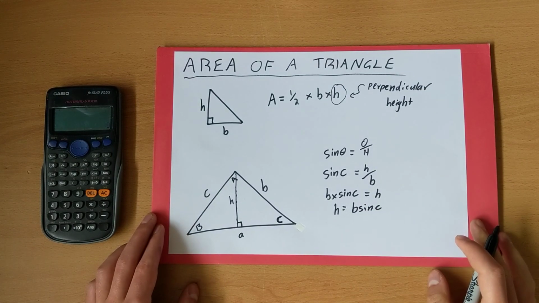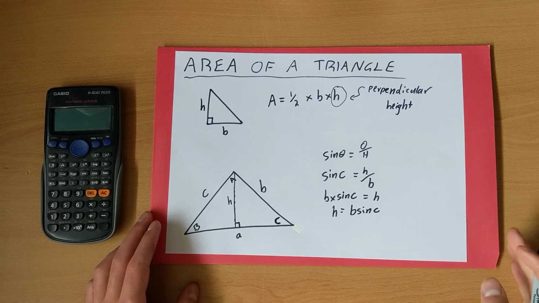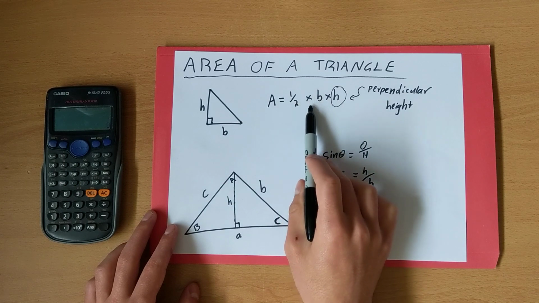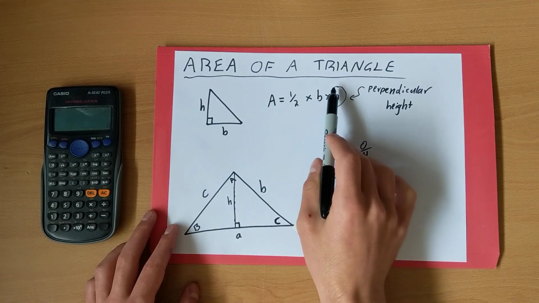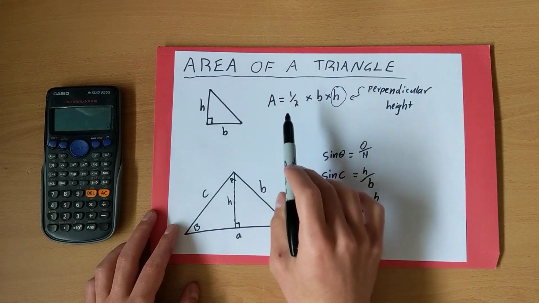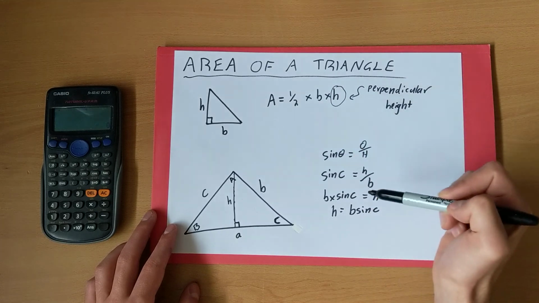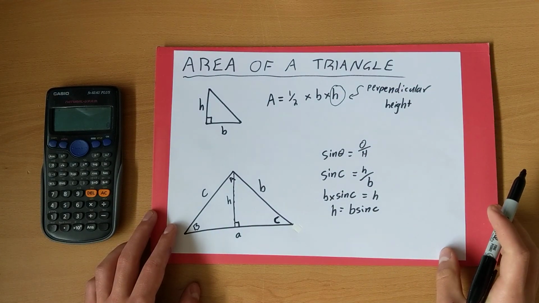Cool. Now we can write a formula for the area of a triangle. So if the area of a right-angled triangle is a half times the base times the perpendicular height, that is really just the formula for every triangle, except that if it's not right-angled, then we need to substitute what we've just worked out to find what this perpendicular height is.